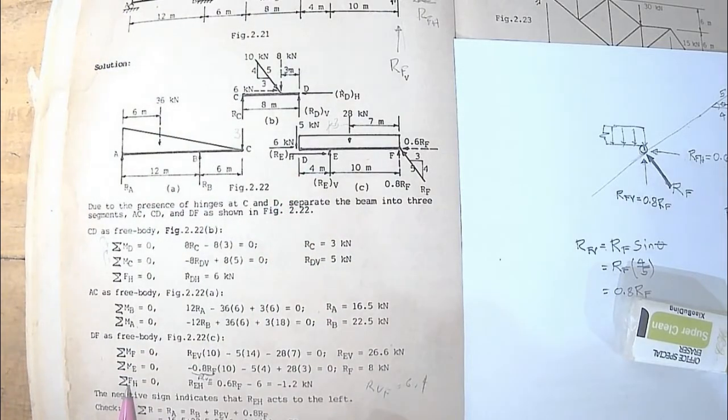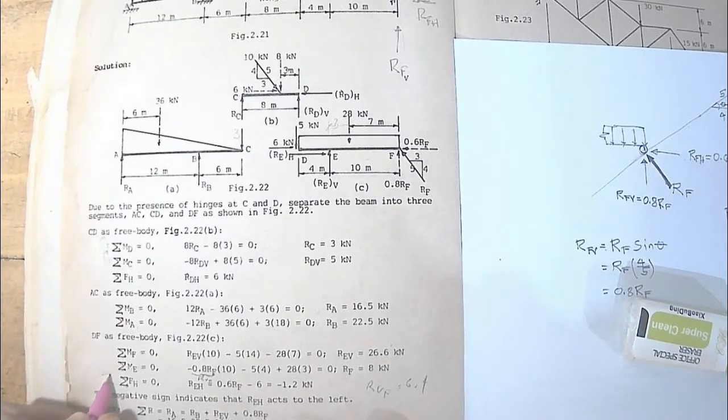So summation forces horizontal, let's equate that to 0, taking rightwards as positive.